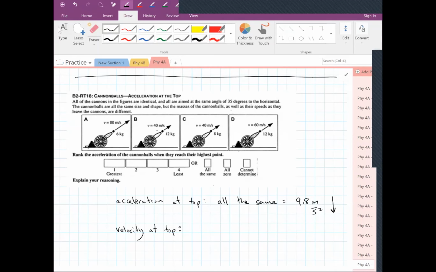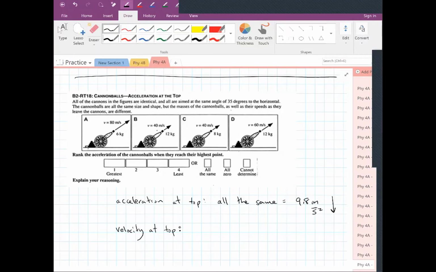There we go. So are these cannonballs moving when they get to the top of their path? Yes. So is the velocity 0? No, but one component is 0, isn't it? The vertical component. But the horizontal component is not, and it's always the same.